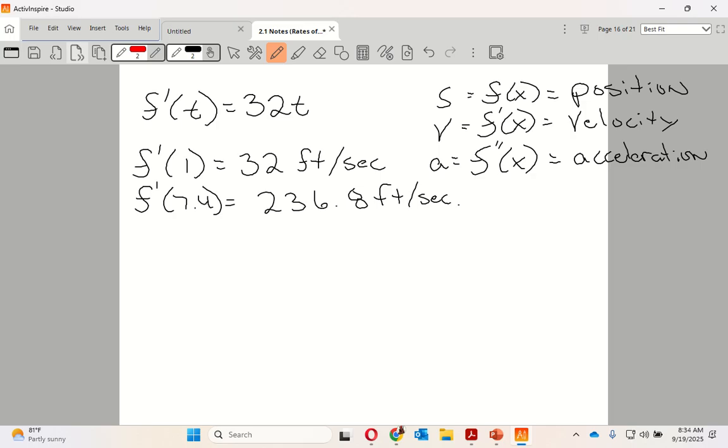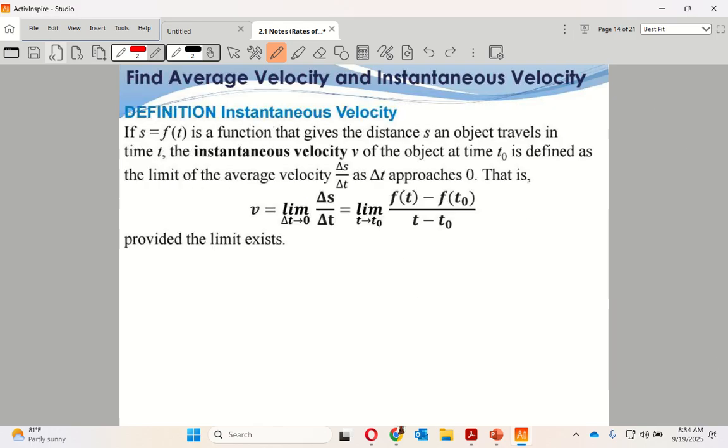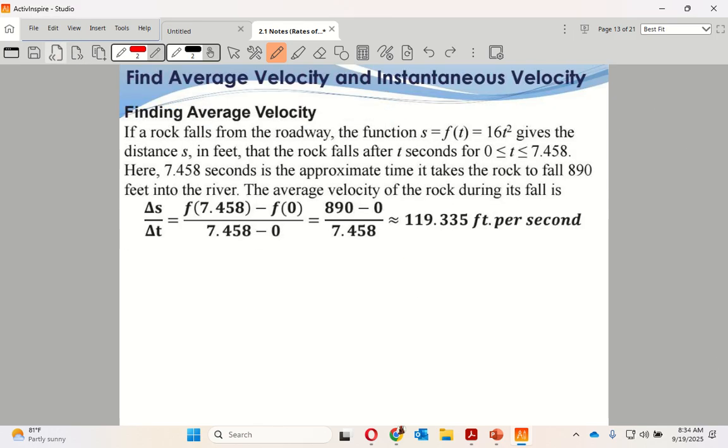So that's the velocity that it's traveling at when it hits the water. Make sense? Now, that's a big difference between what we had of this thing right here, right? Isn't that a big difference there?